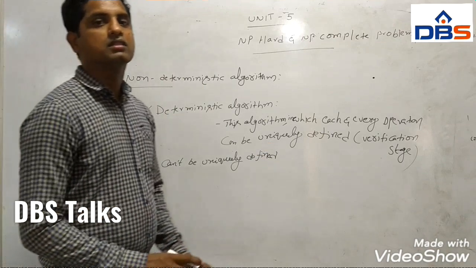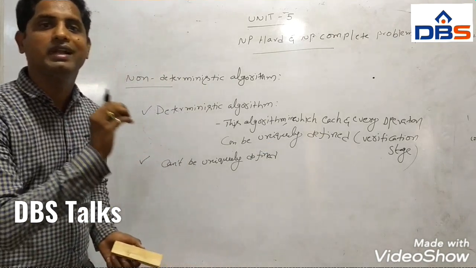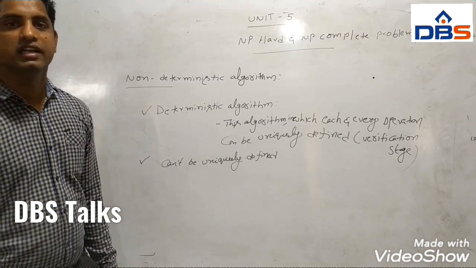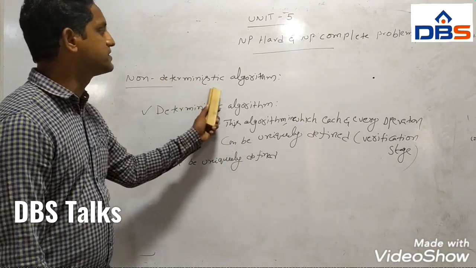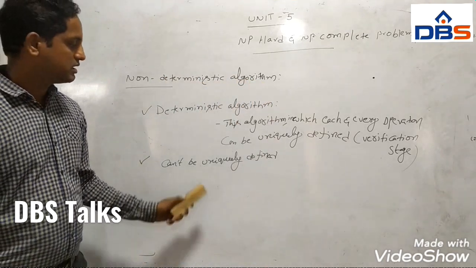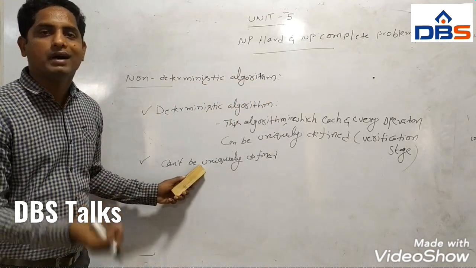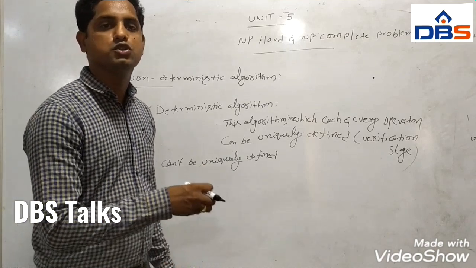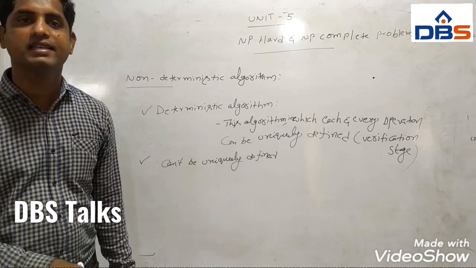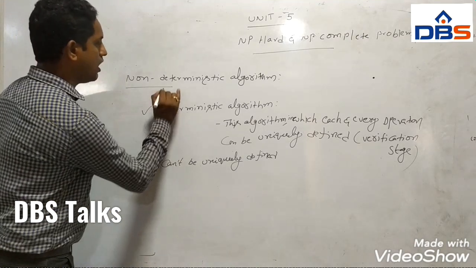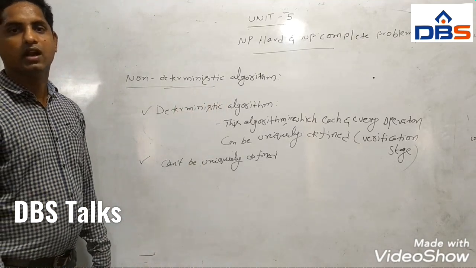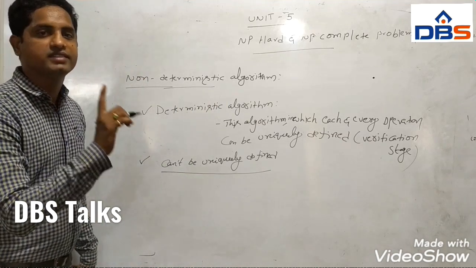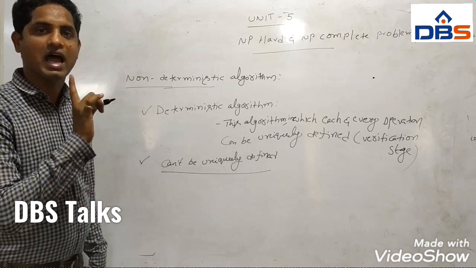That means different types of possibilities are available to perform a particular operation, that is called a non-deterministic algorithm. And also we say it cannot be uniquely defined. That means a set of possibilities are available.